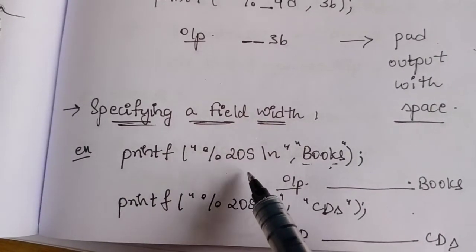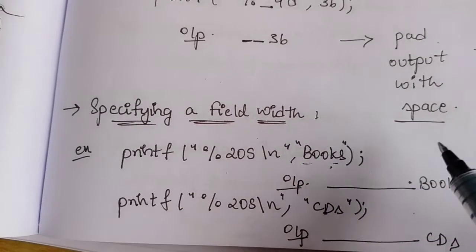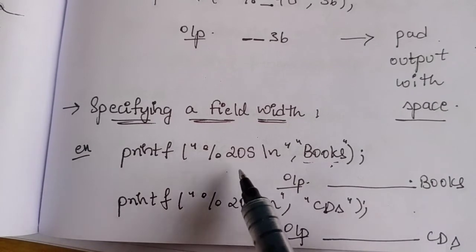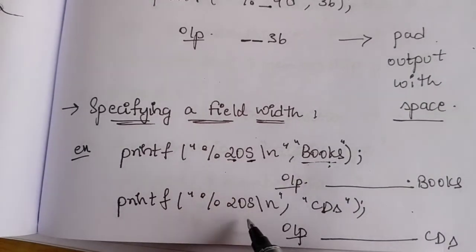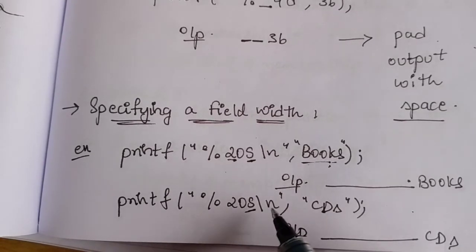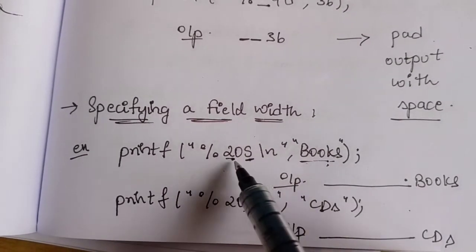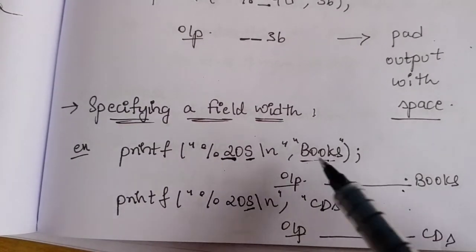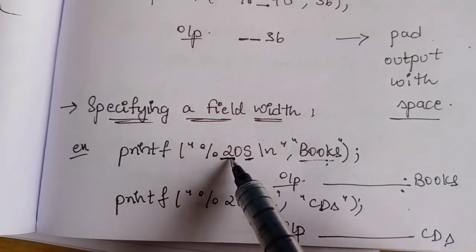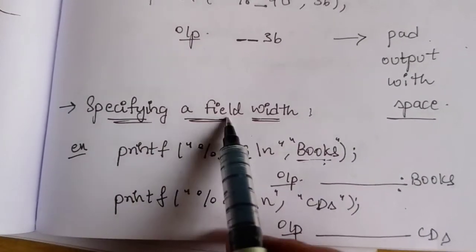Generally if we write printf books, then automatically it will print books. But if we write 20, since books is a string data type, we write s. Books and CDs we write s, since they are of string data type. And if we want to leave 20 spaces in front of these books, then we can do it using field width.